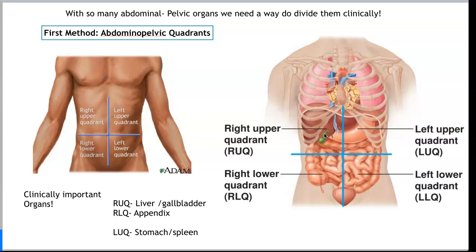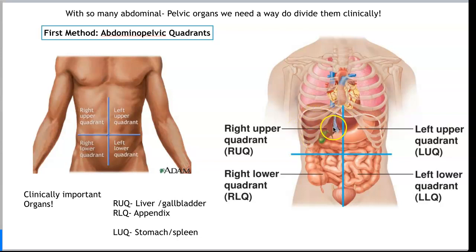And depending on the history that the patient is giving you, maybe they only have pain after they eat fatty foods. Otherwise, they don't have any pain. You're going to think of gallstones. Or if they have chronic right upper quadrant pain and they are an alcoholic, you're going to think of alcoholic liver disease, hepatitis.